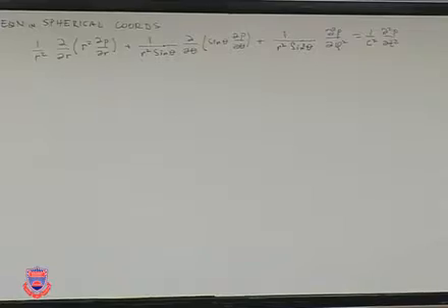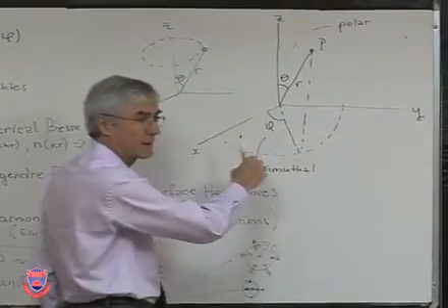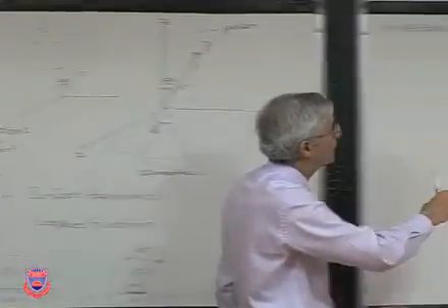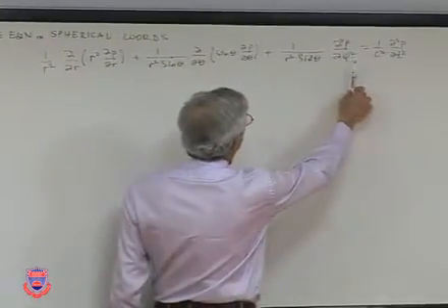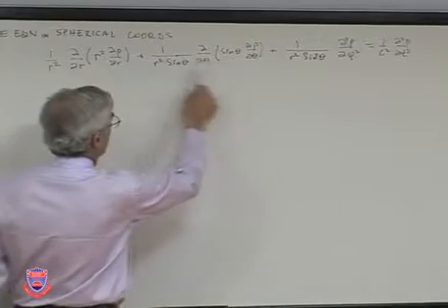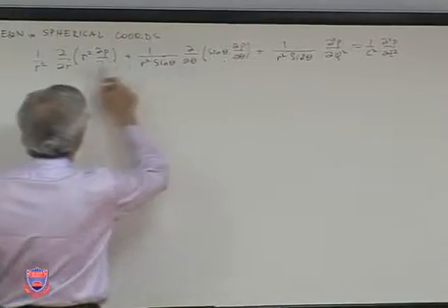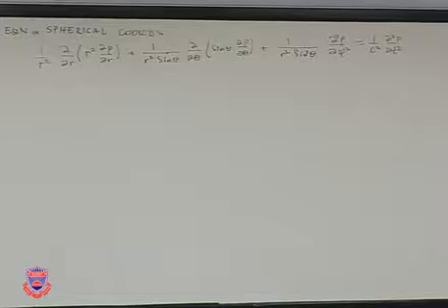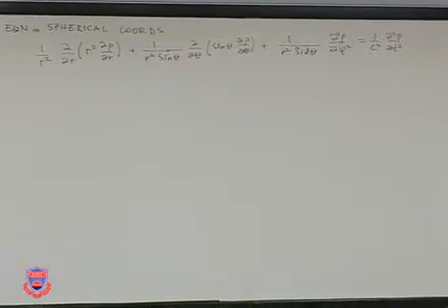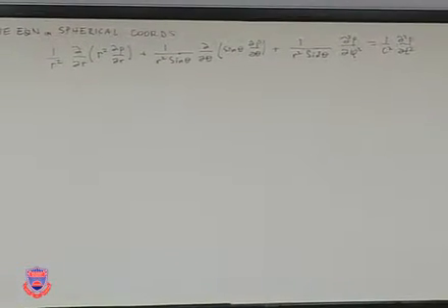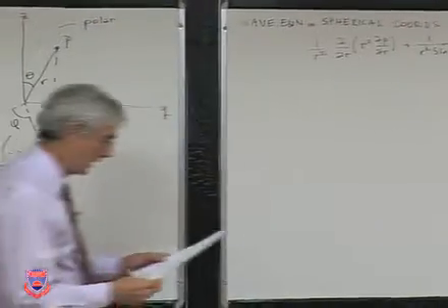So if there's a symmetry around the z-axis, then the dependence on phi will be 0. So this disappears. So you have a dependence only on Legendre functions and radius. This is just logical. You can follow this common sense.